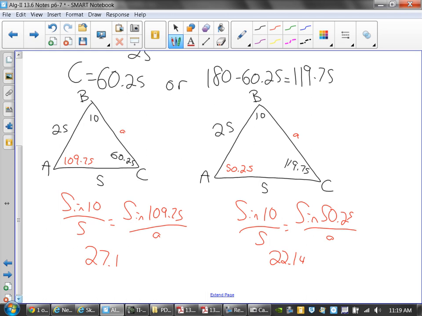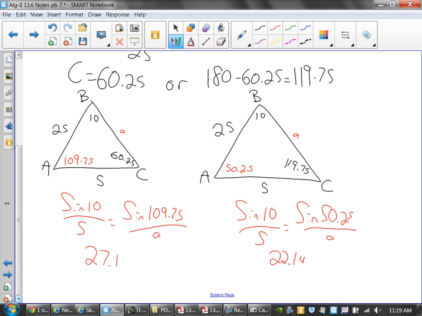Really, this is the only one that people forget about. A lot of times it's pretty obvious that you're going to have no triangle, because a large angle can't have a small side across from it. You should pick up on that rather easily. It's the weird ambiguous case, the double triangle, that you have to worry about.